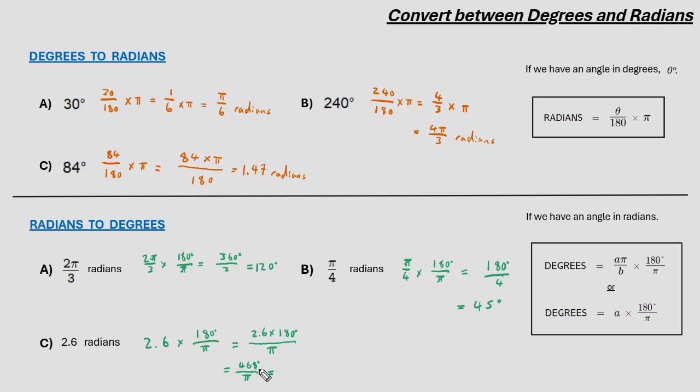And when we carry this out as a division, we get to 2 decimal places a value of 148.97 degrees. So using the lower sum in our box here, we've seen that 2.6 radians we've converted to roughly 148.97 degrees.